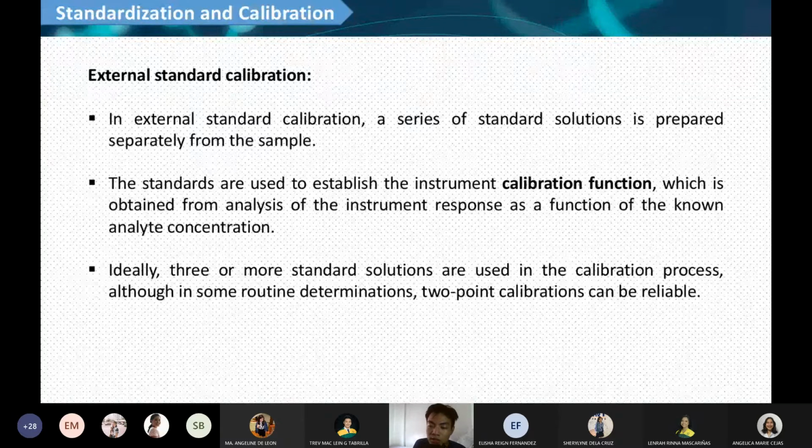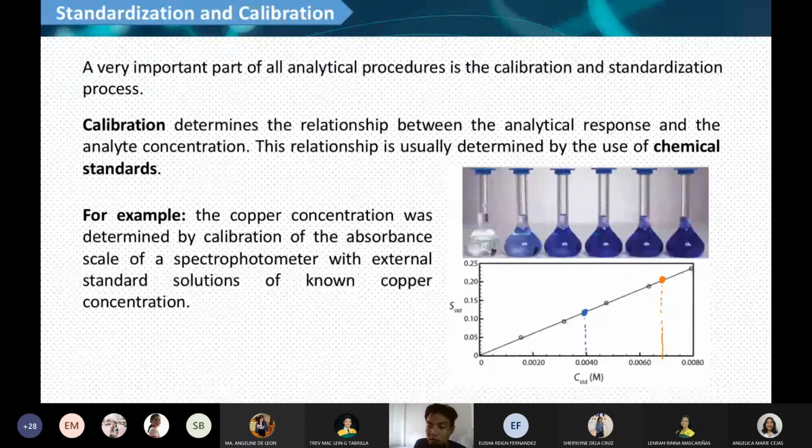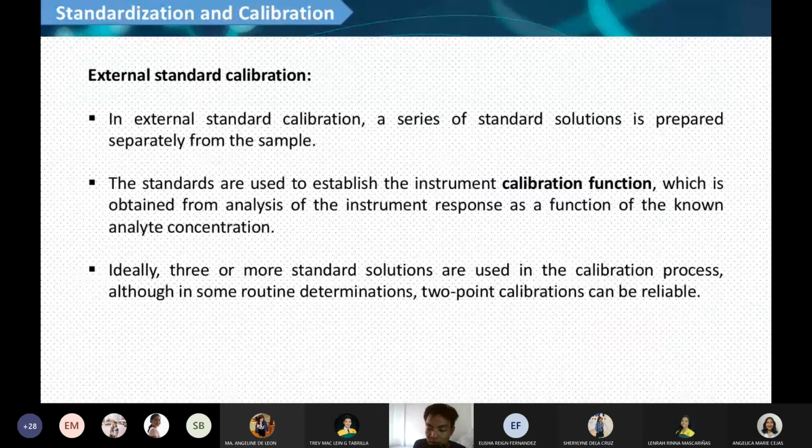That means the standard is not added to the solution. You read it, then plot it in Excel, and whatever the equation of the line is, that is what you will use to determine the concentration of your unknown. You extrapolate the data. So, that is the external standard calibration.